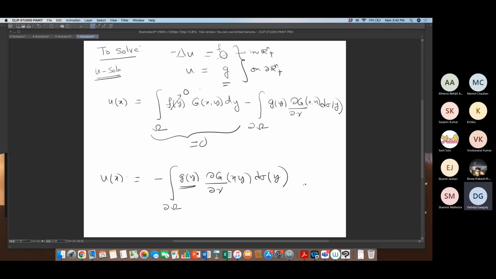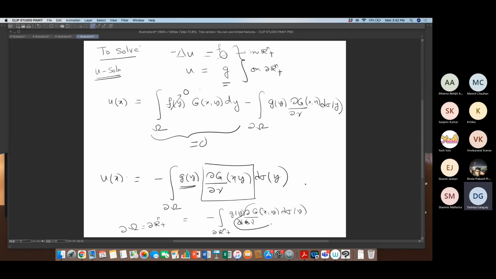Yes, sir. Okay. Now we can compute explicitly in the case when omega is R^n_+, that is minus the integral over del R^n_+ of g(y) dou G by dou nu at the point (x,y) d sigma(y).